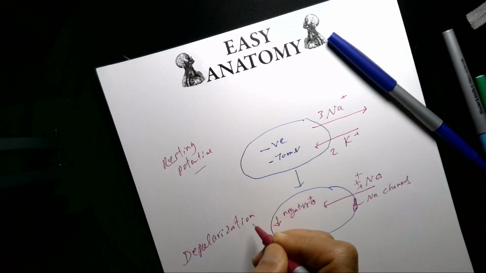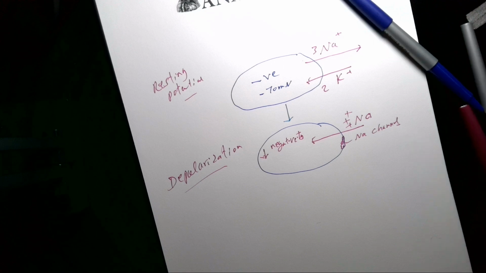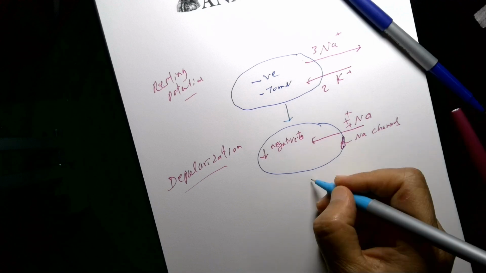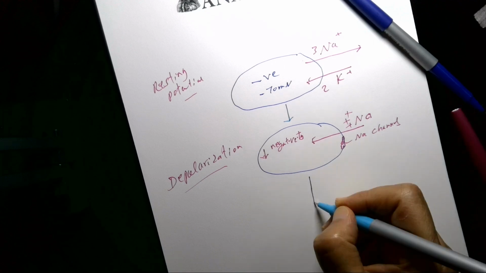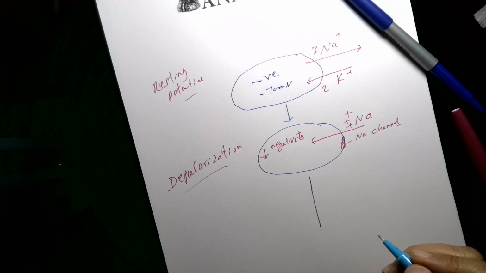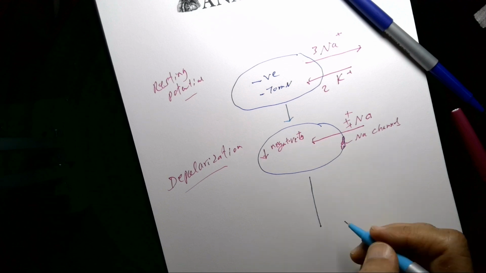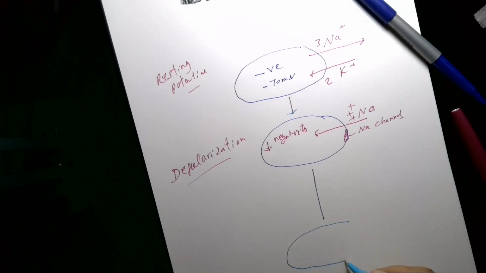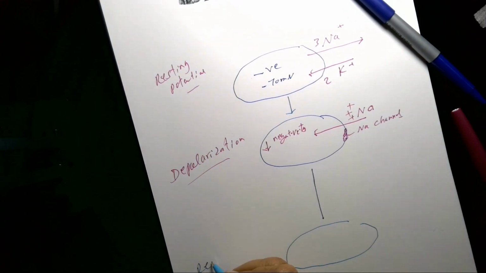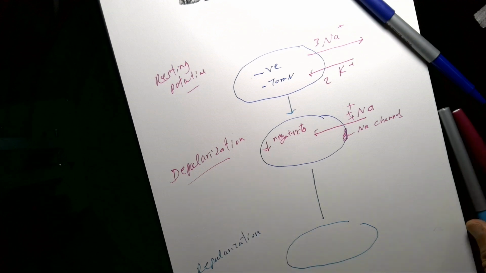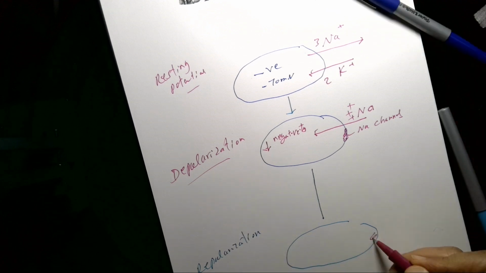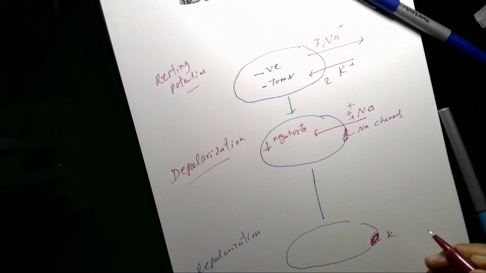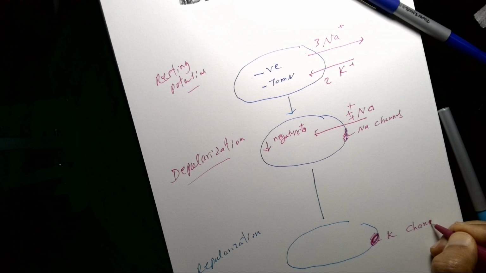Then finally, once the signal transfers through the neuron and is ready to leave the neuron, what happens? A repolarization happens, where the potassium channel opens and the sodium channel closes.